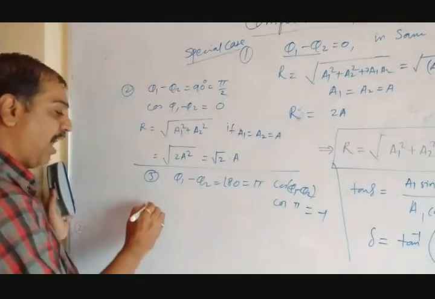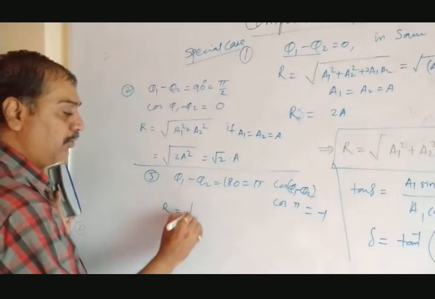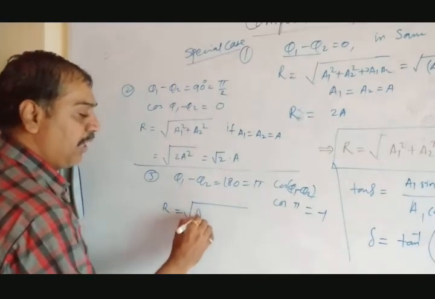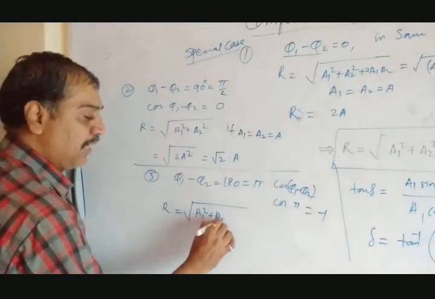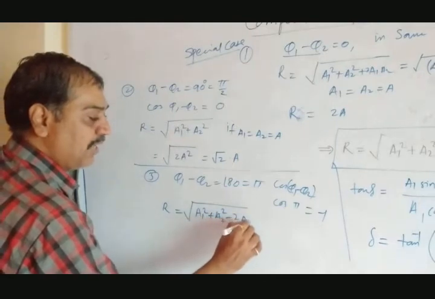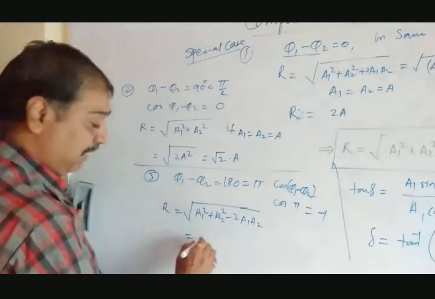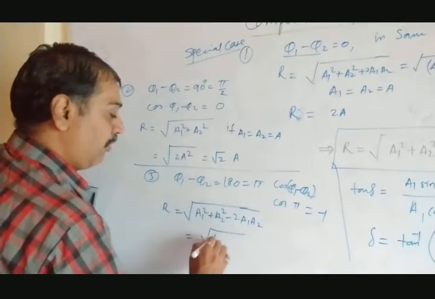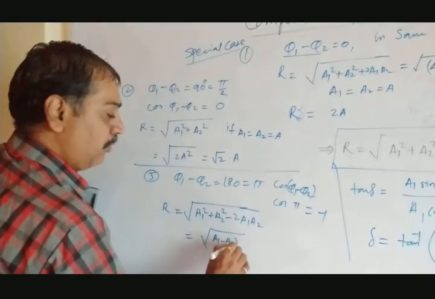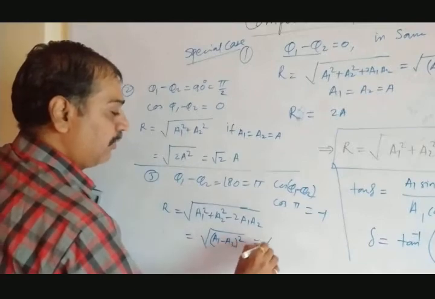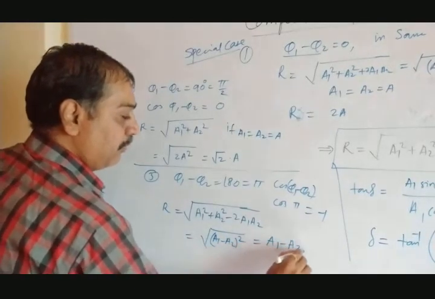So just put the value in R, we get R equal to square root of a1 square plus a2 square minus twice a1 a2. And this is nothing but the square root of (a1 minus a2) whole square, that is equal to a1 minus a2.